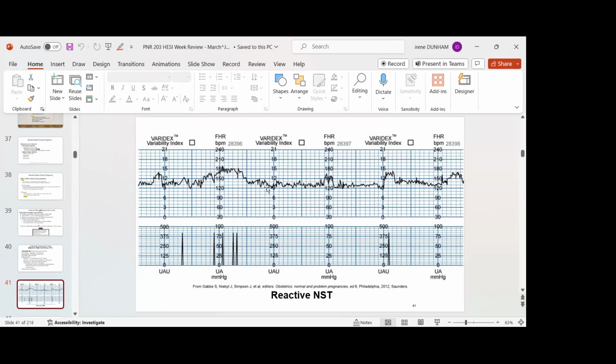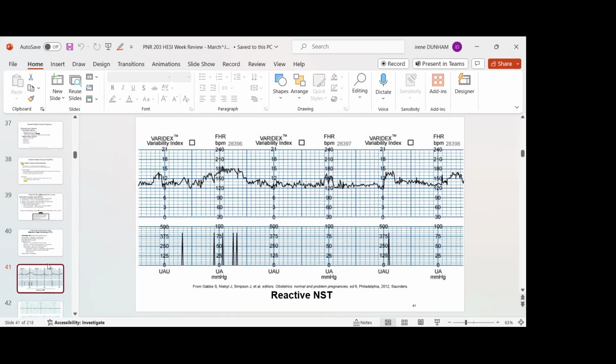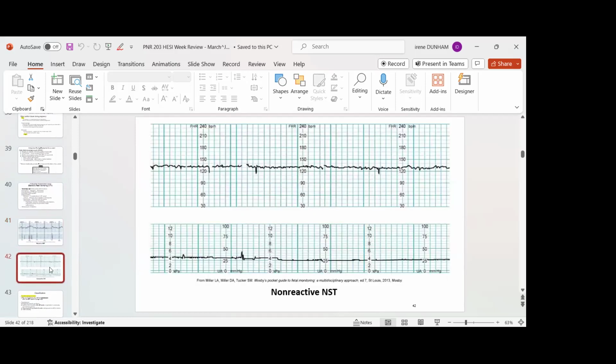I would be very happy to have this lady. Again, we have fetal movement and acceleration of the fetal heart rate. And here it's going 10, 20, 25. That's how we read it. That tells me my baby is doing A-okay.